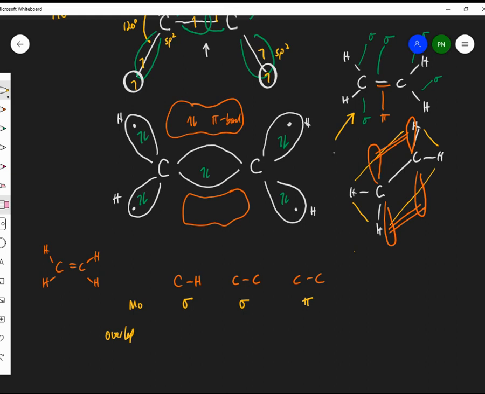So what's the overlap here to make a CH bond? Anyone want to tell me? What orbitals made that? Well done. Who's that? Laurel, yes. It's an S and an sp2. Well done, Abote, as well. What made the sigma bond of the CC? What overlapped there to make this one?